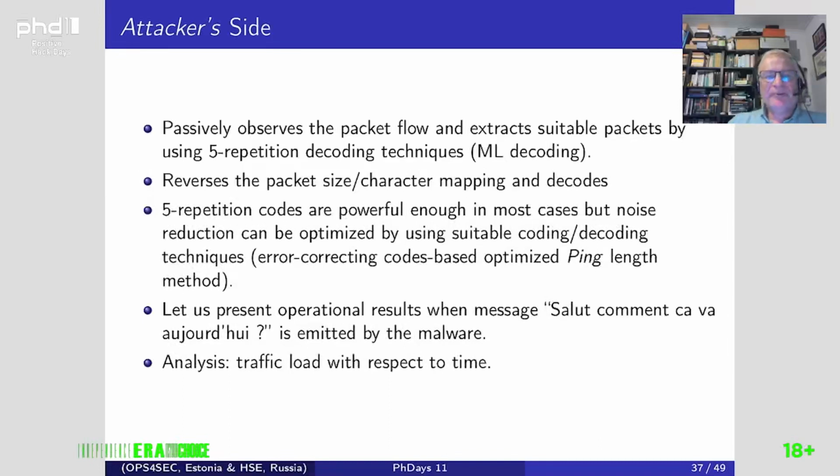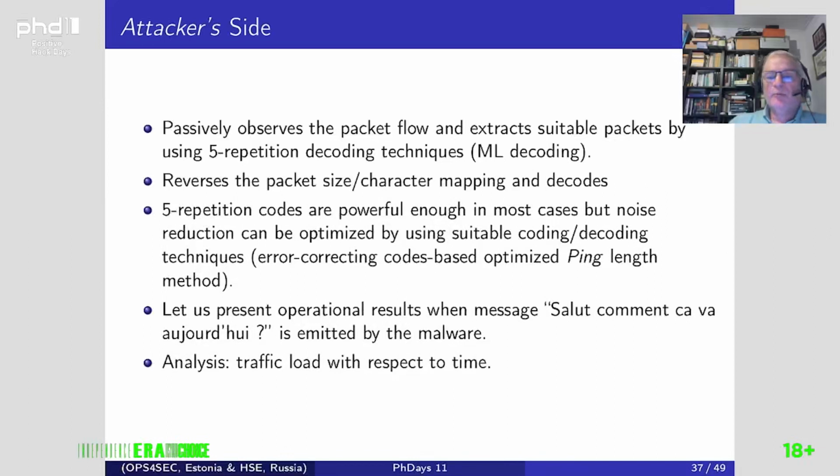The interest of the 5 repetition code is that it is very powerful in most cases. Of course, it is rather resistant, up to a certain limit, to noise, because your transmission can have noise alongside the normal transmission of data, but you can use some optimization in order to increase your decoding efficiency.